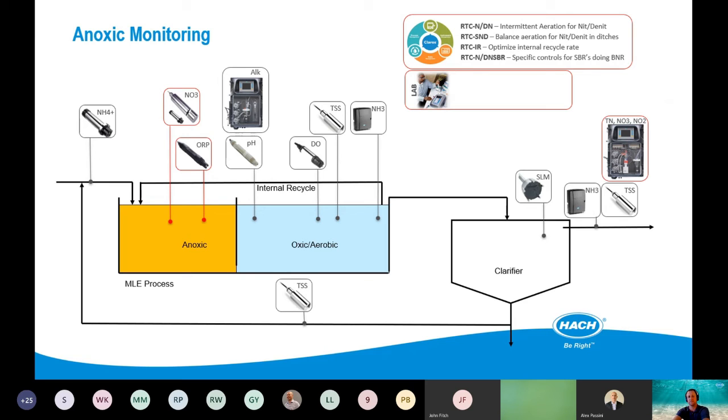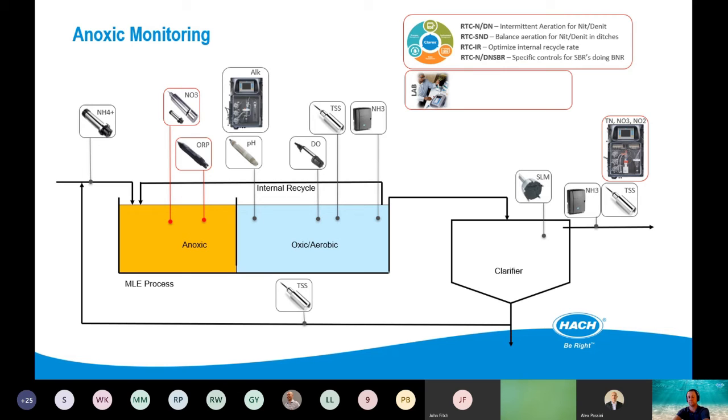And then at the end of the process, if we add an anoxic zone, we may be concerned about total nitrogen. And so on the far right, this is a wet chemistry analyzer from a newer series by Hach that has individual parameters such as total nitrogen, total phosphorus, and in this case, this particular analyzer can do 3 actual analysis: total nitrogen, nitrite, and nitrate, which is another form that we haven't talked too much about today as it relates to nitrogen.